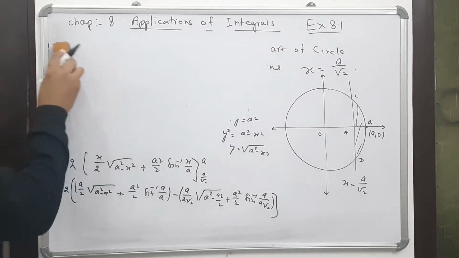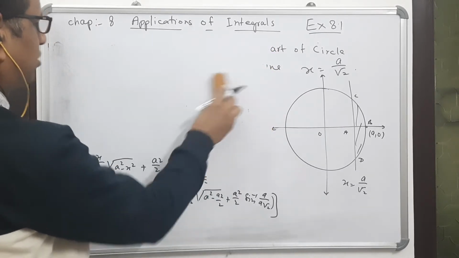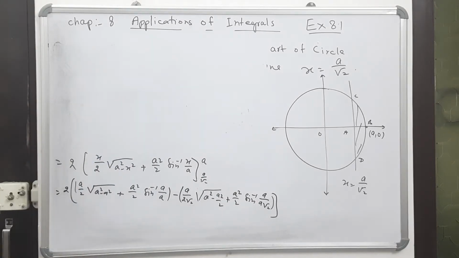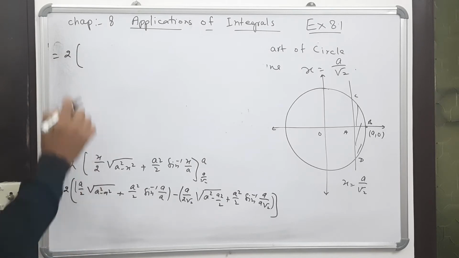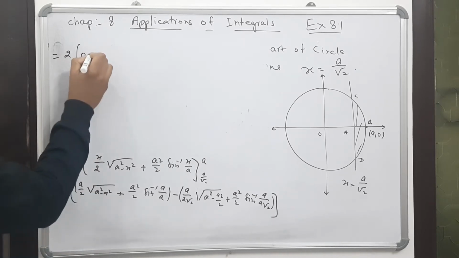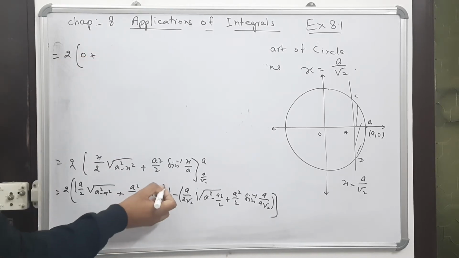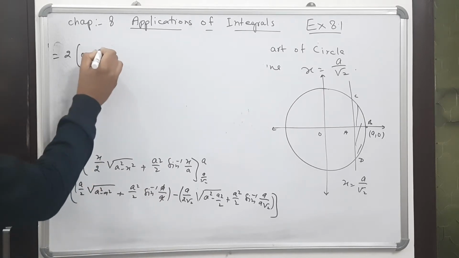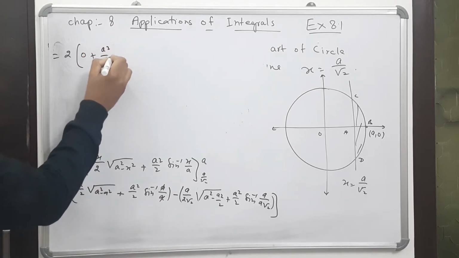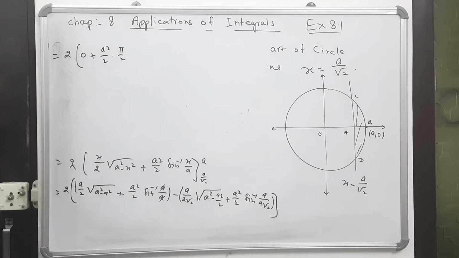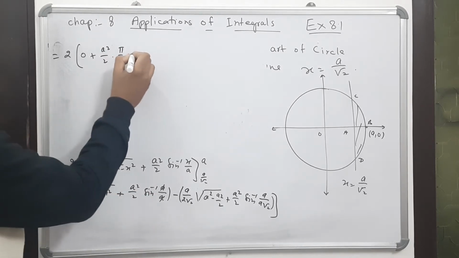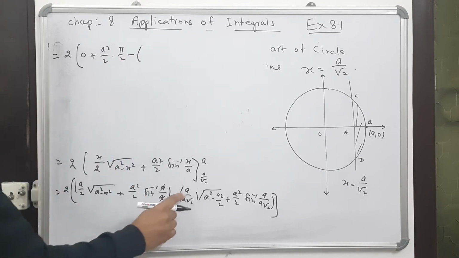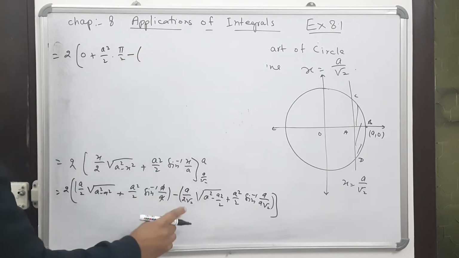Please see this now, the solving part. This part will be 0 plus this is 1, sine inverse 1. So it is a squared by 2 and pi by 2, because sine inverse 1 is pi by 2, minus the bracket a by 2 root 2.